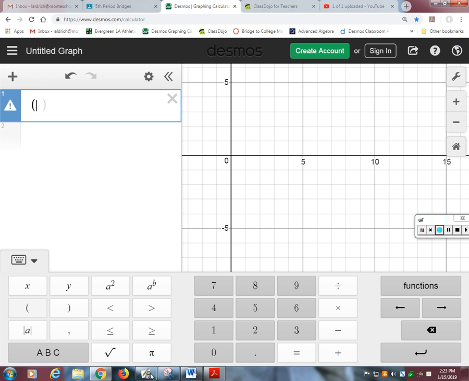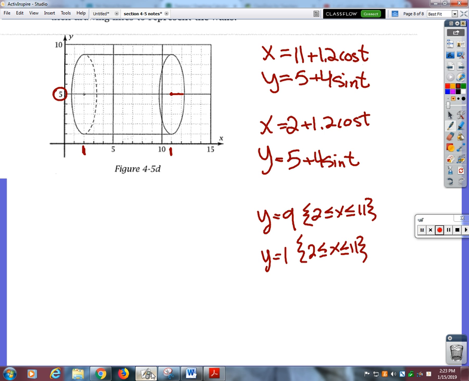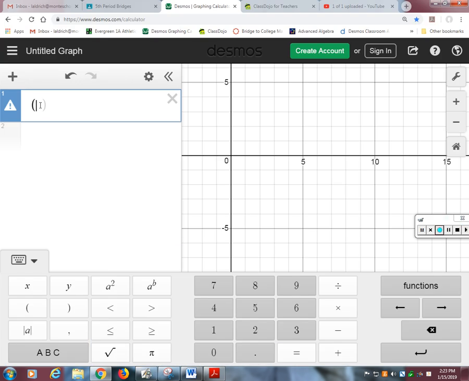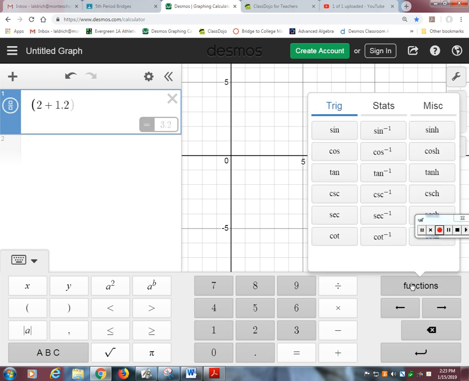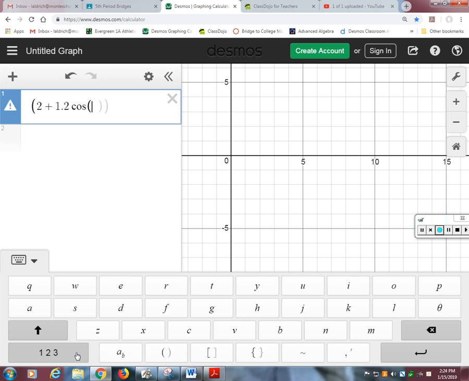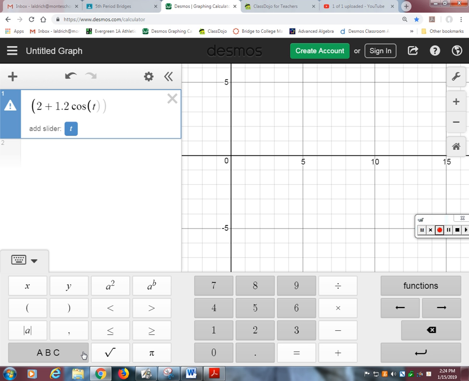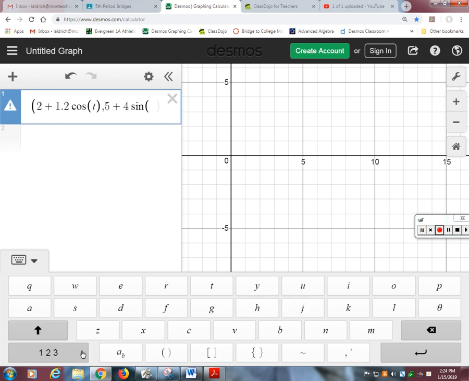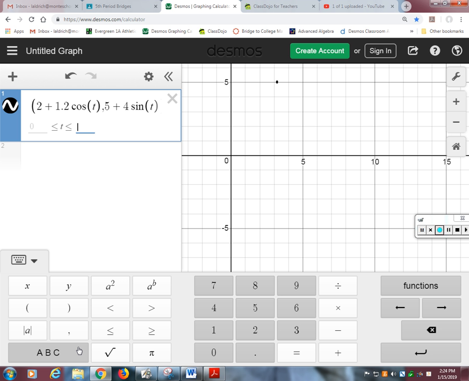The x was 2 plus 1.2 cosine t, comma, 5 plus 4 sin t. And we need this to make a complete circle, so we go from 0 to 360.